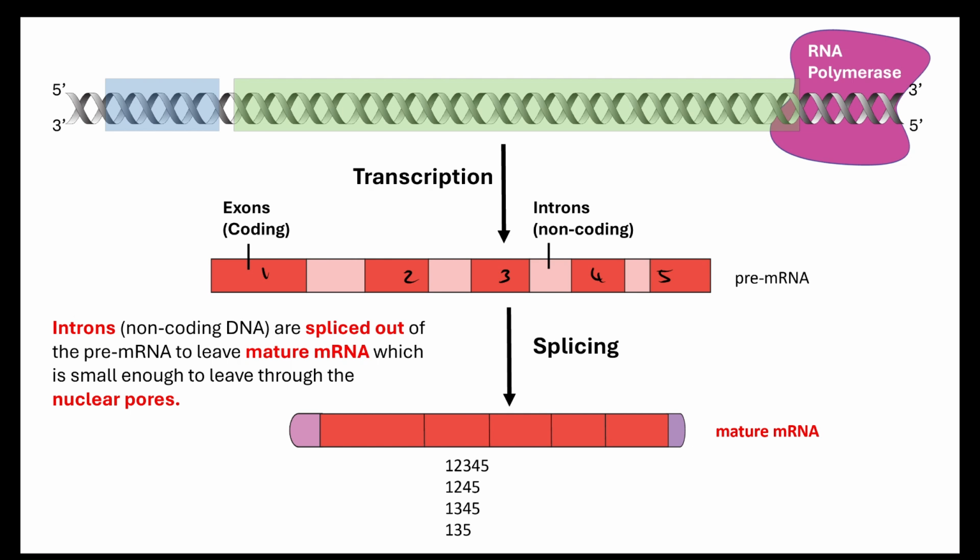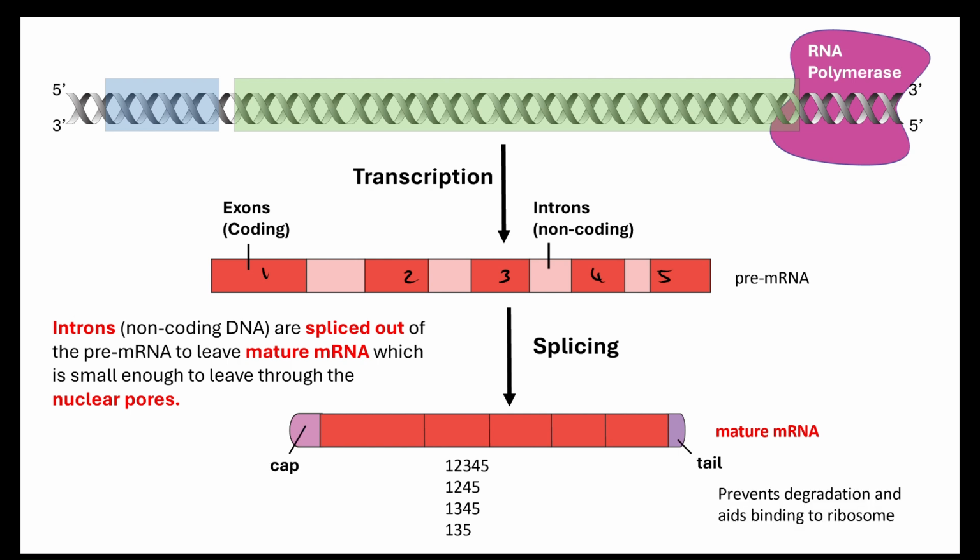You don't need to know how it happens, you need to know the name splicing. But the key thing is that it can result in different polypeptides being produced. Depending on how it is spliced together to make that mature mRNA will result in a different polypeptide being translated at the end.